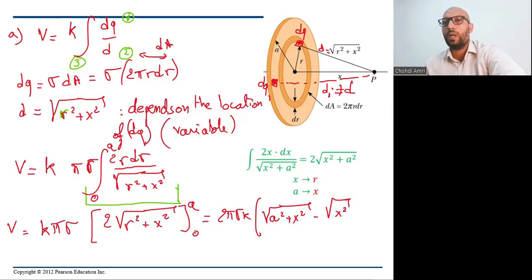Square root of x squared is only the absolute value of x. And if x is positive, we write it only x. So here we have x is positive. Very good. And we are done. This is the expression of the electric potential at the point P.